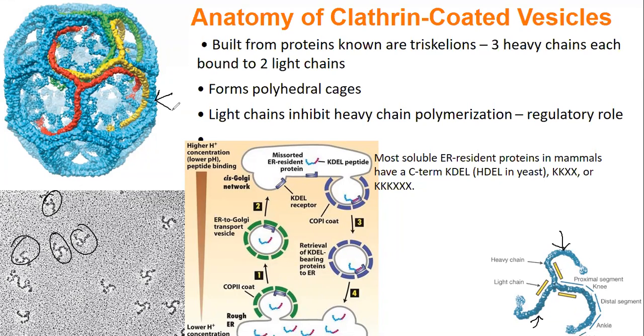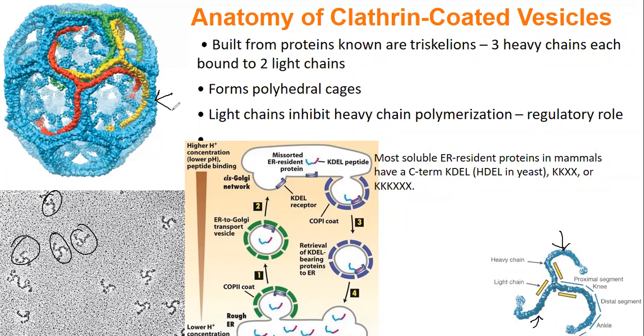And the cool thing about this cage is that it can form different sizes and different shapes based on how the Clathrin polymerizes, which is really good because these vesicles are almost like shipping boxes, right? And so you are going to be transporting different size products or different size proteins. So you need to be able to be flexible with your vesicle to accommodate all the different proteins that you are shipping.